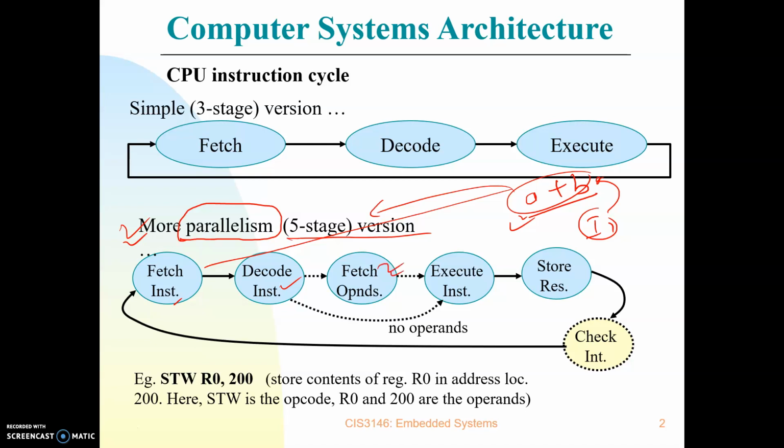Then fetch the operands: plus is my operator, and A and B are my operands. Then execute the instruction, that is, perform addition, and after addition we get a new value; store the value in the temporary register.